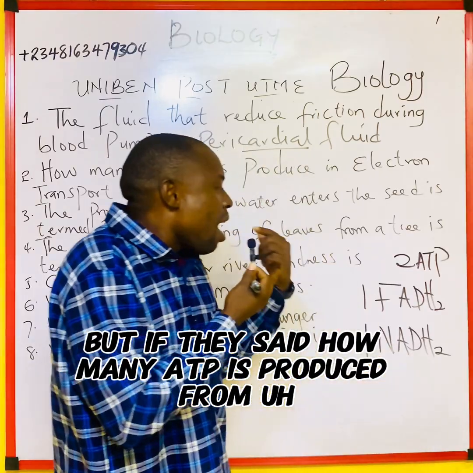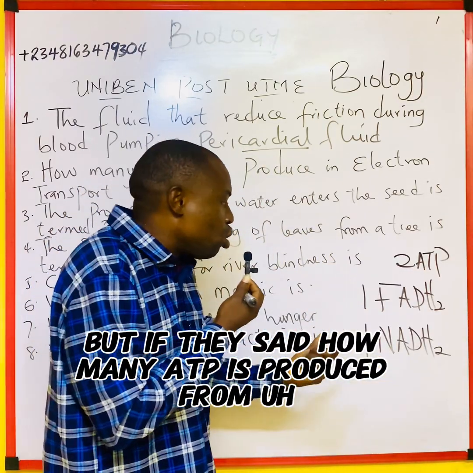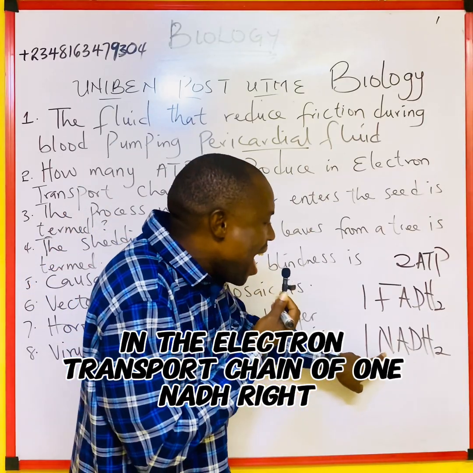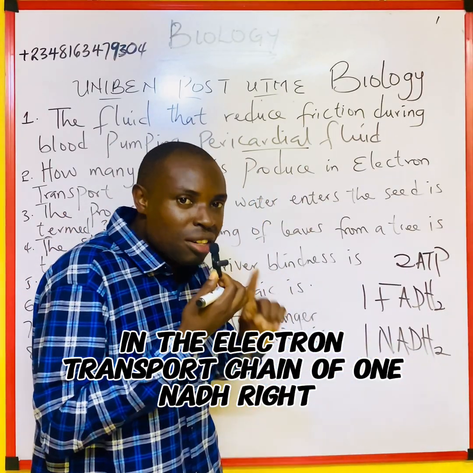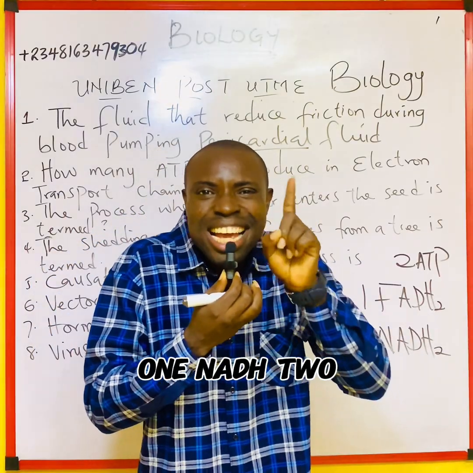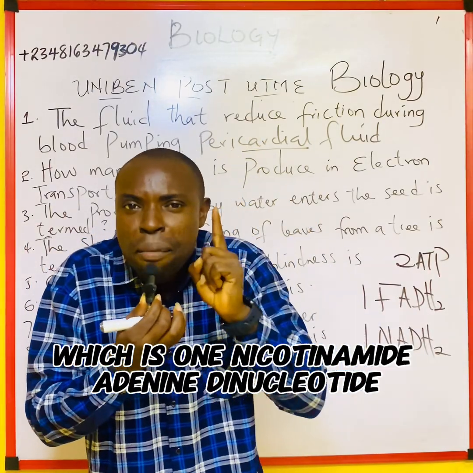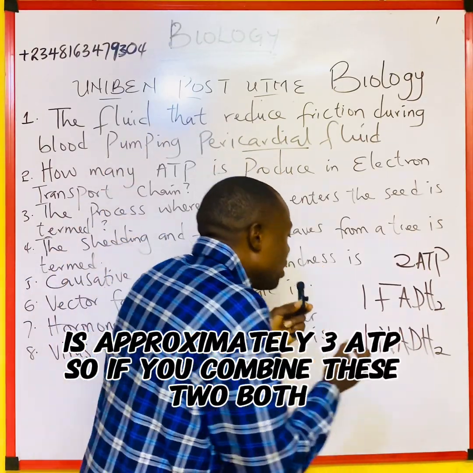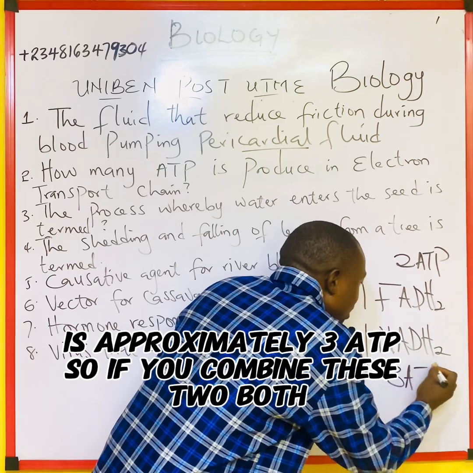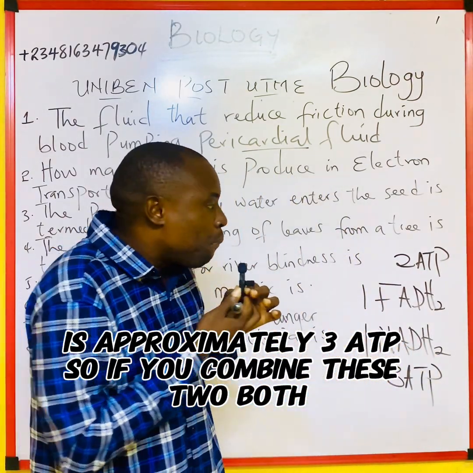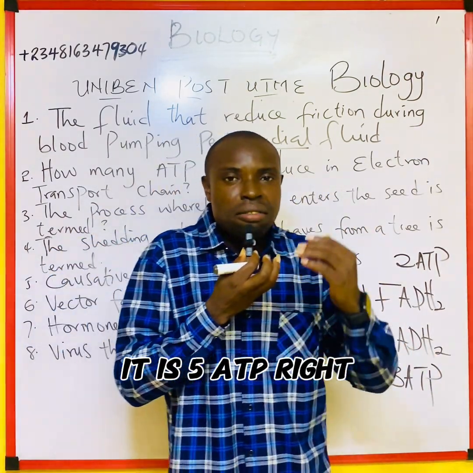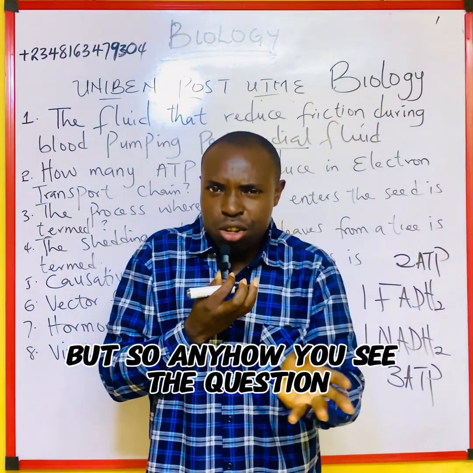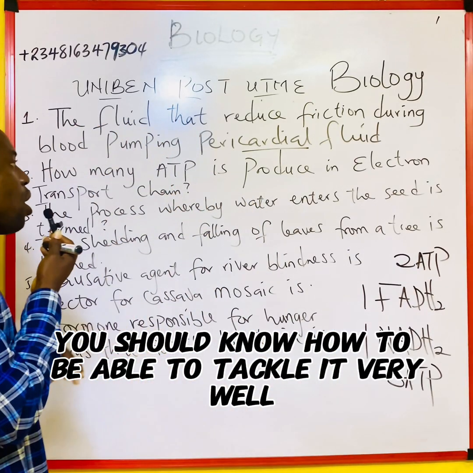Or if they had asked how many ATP is produced in the electron transport chain from 1 NADH2, which is 1 nicotinamide adenine dinucleotide, it is approximately 3 ATP. If you combine these two, it is 5 ATP. But however you see the question, you should know how to tackle it very well.